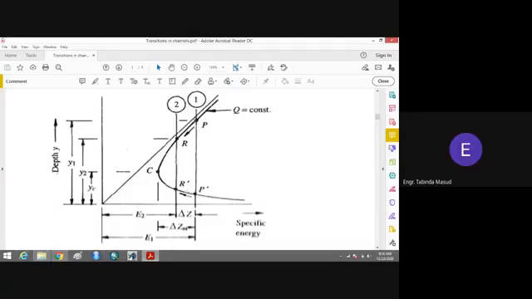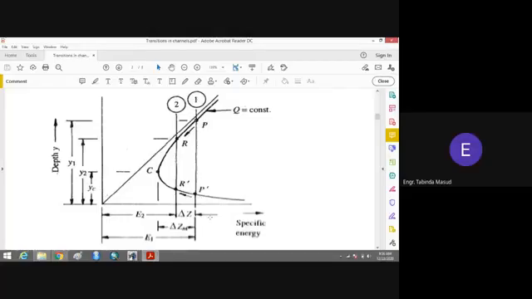When the flow goes to section 2, its depth of the flow will get increased. After the hydraulic jump, the depth will get increased, and if you extend a line towards the y-axis, you will come to know that the depth of the flow at section 2 is higher than the depth of the flow at section 1.